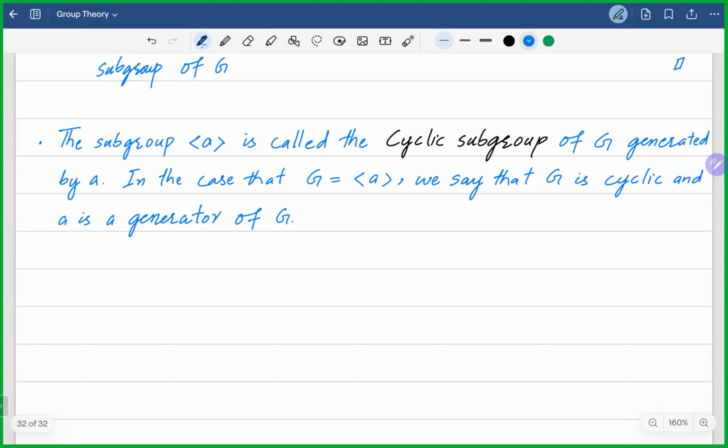So notice that although the list a power minus 2, a power minus 1, a power 0, a power 1, and a squared has infinitely many entries, the set a power n, where n comes from Z, might have only finitely many elements.